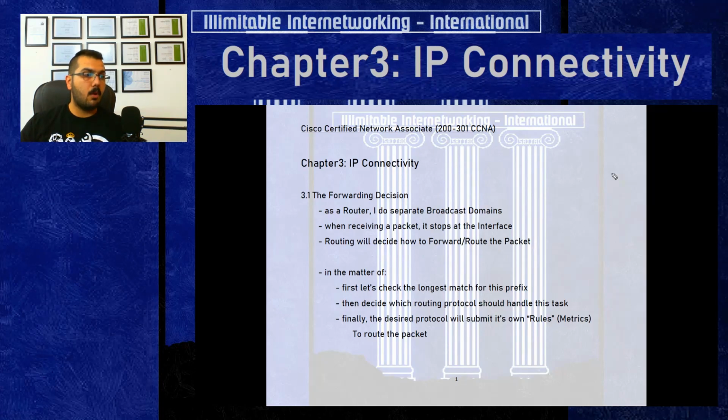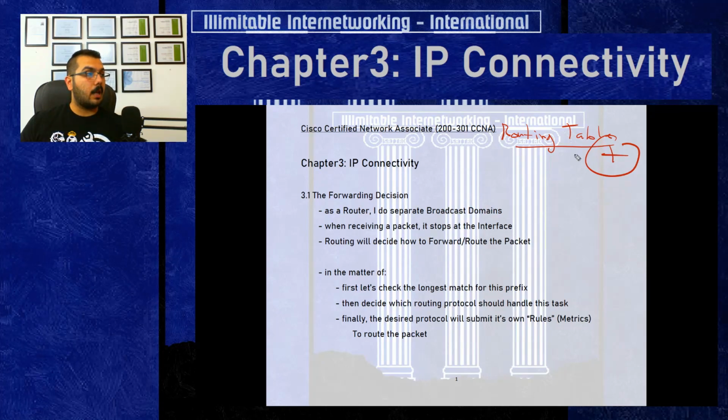In my router, there is something called a routing table. If you remember the MAC address table of switches, which switches use for forwarding frames, to forward packets in routers there is a routing table instead of a MAC address table.